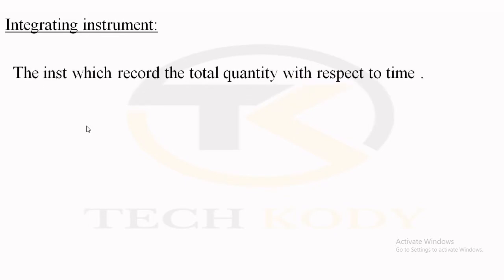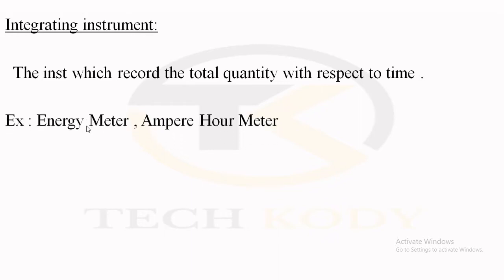Next is integrating instruments. These are instruments which indicate the value by the total quantity with respect to time, called integrating type instruments, such as energy meter and ampere hour meter. The next one is recording instruments.